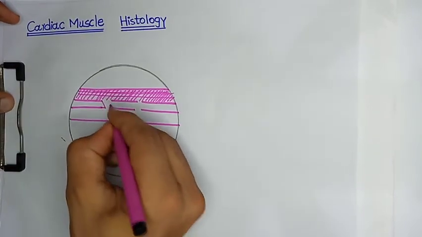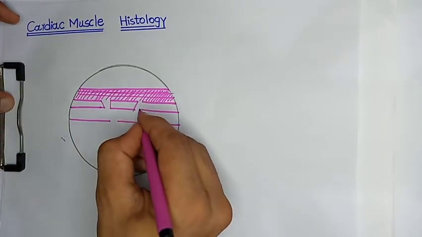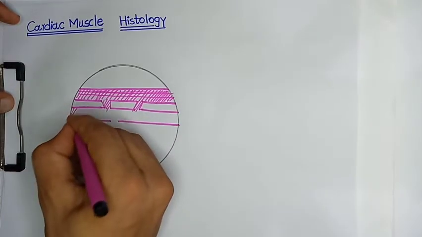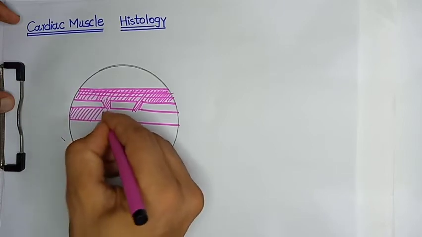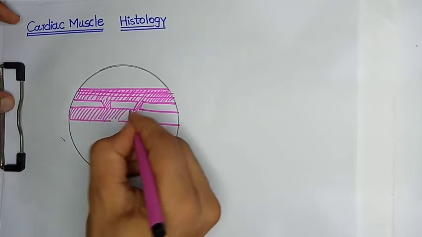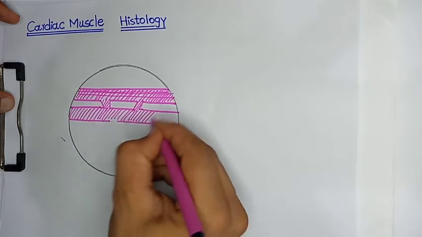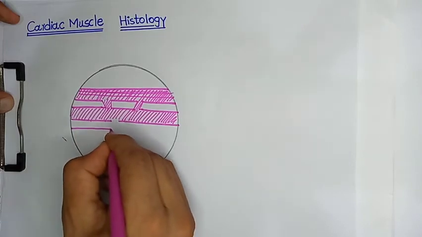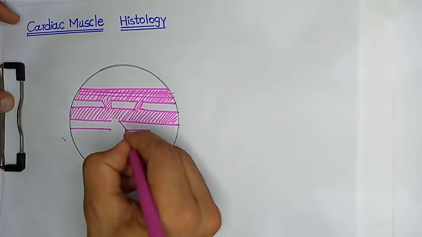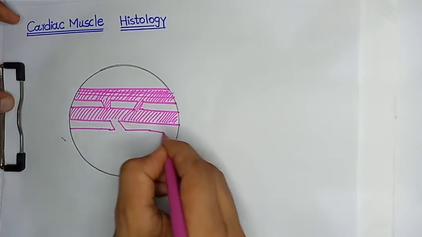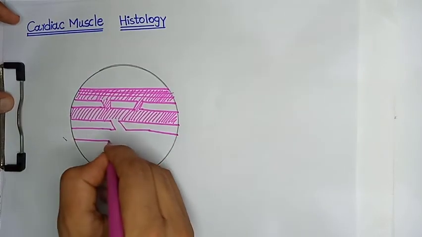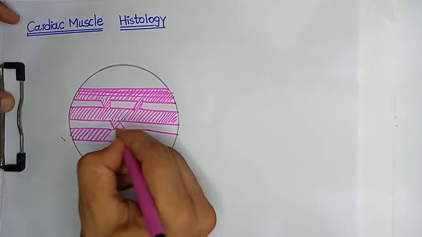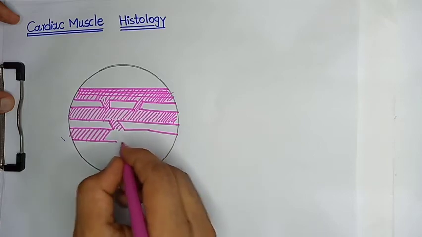So this is how we can draw the cardiac histology diagram. Another muscle fiber, and these are the gap junctions, specific feature of cardiac muscle histology. These are the muscle fibers. Again muscle fibers. This is again gap junction.